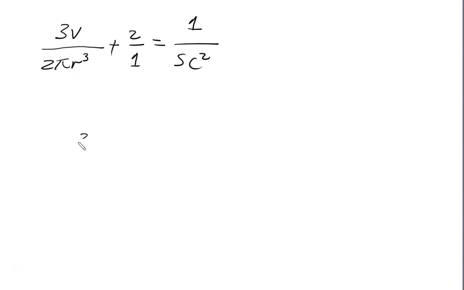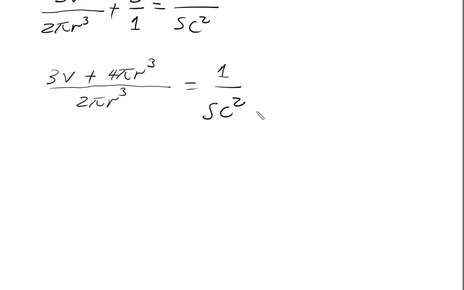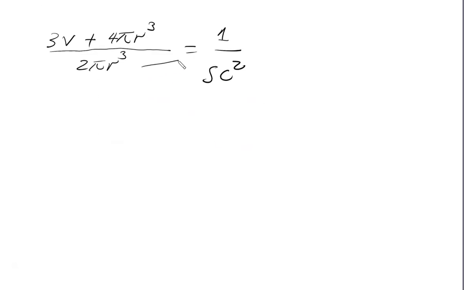So the LCM will be 2 pi r cubed divided by, this goes here once. When you multiply 1 times this, it will be 3v plus, this goes here, 2 pi r cubed. So when you multiply 2 pi r cubed by 2 it will give you 4 pi r cubed, equal to 1 divided by sc squared. Now we have a fraction on the left hand side of the equation and a fraction on the right hand side of the equation. Things are looking good. Now we can cross multiply this.